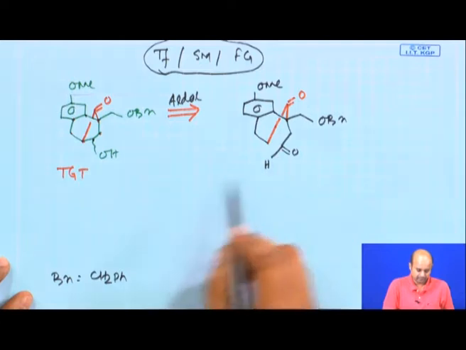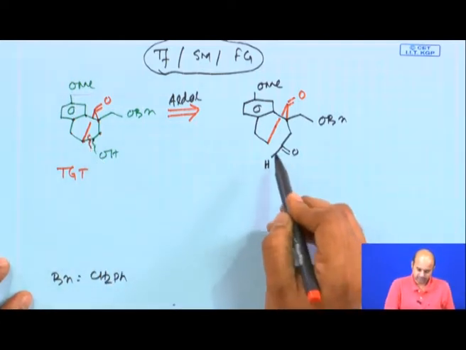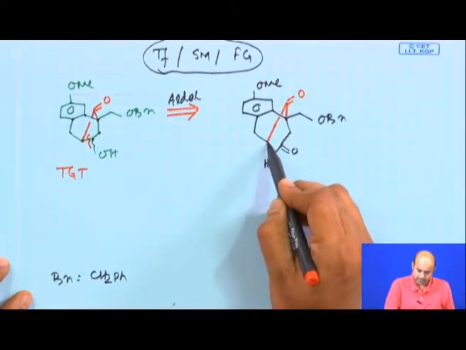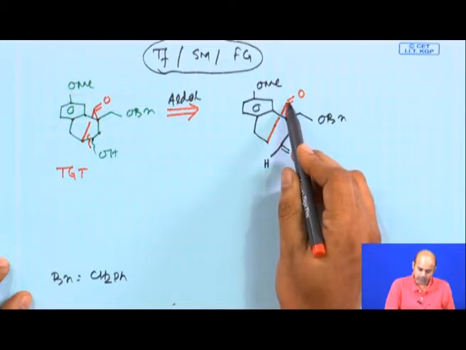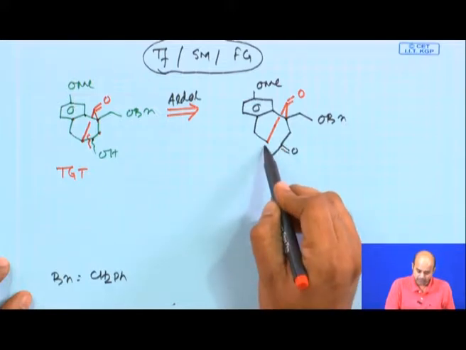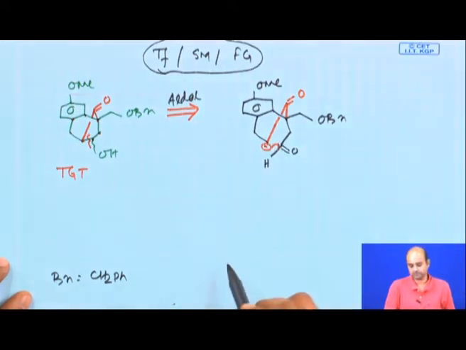Now, we say that we are doing a disconnection here. This is a methylene compound adjacent to a carbonyl, and in close proximity you have a carbonyl or aldehyde group. So, basically it is an aldol reaction, an aldol transformation.